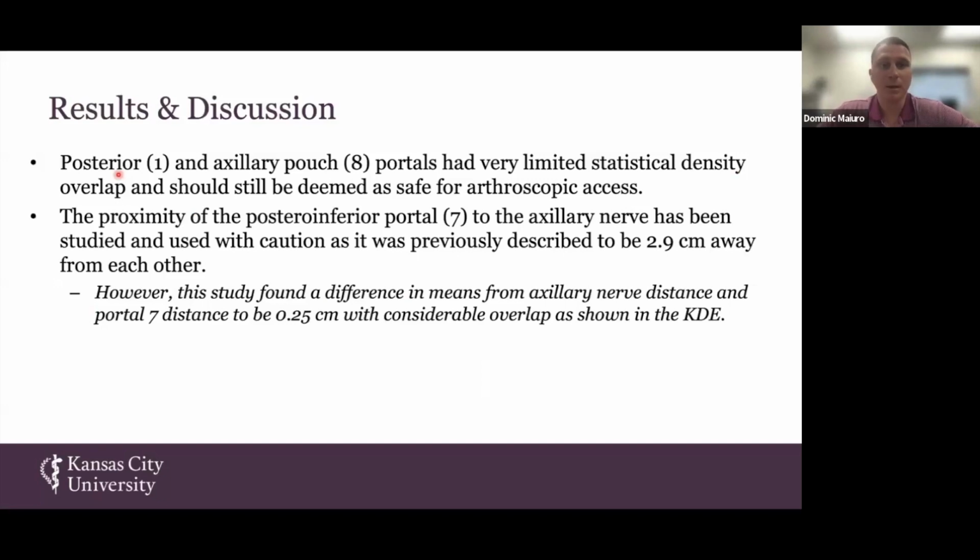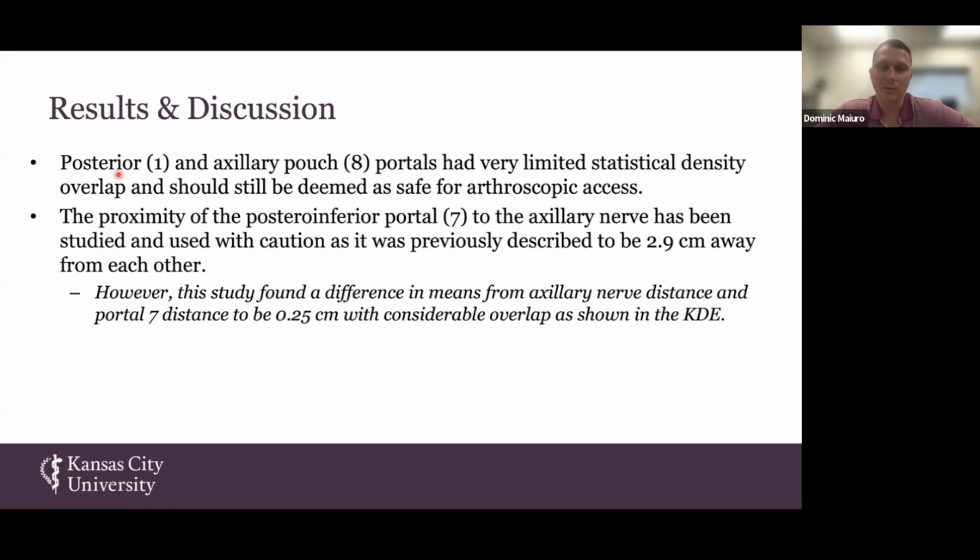So the posterior, which is 1, and axillary pouch, which is 8 portals, had very limited statistical density overlap and should be deemed as safe arthroscopic access. The proximity of posterior inferior portal, which is 7, to the axillary nerve has been studied and used with caution as it is previously described to be 2.9 centimeters away from each other.